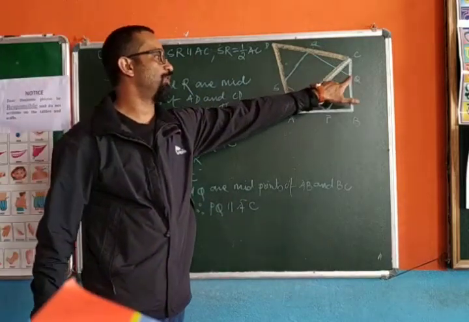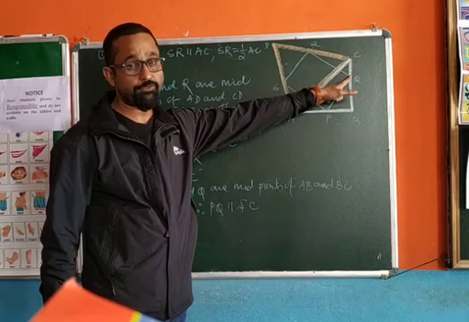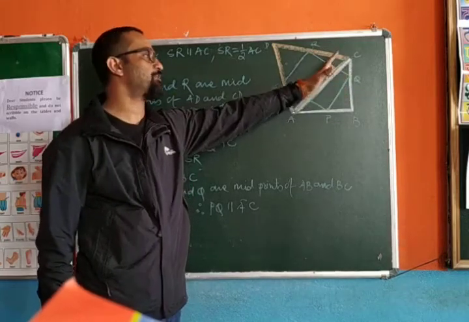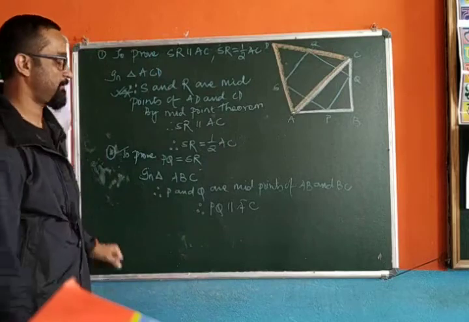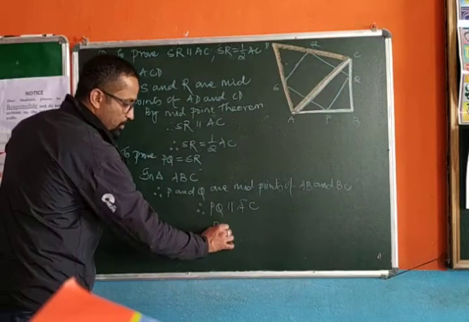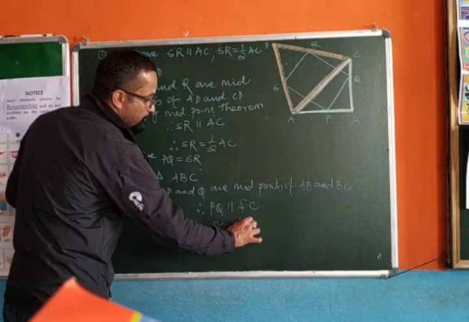The line passing through the midpoints of any two sides of the triangle is parallel to the third side. PQ is equal to half of AC.